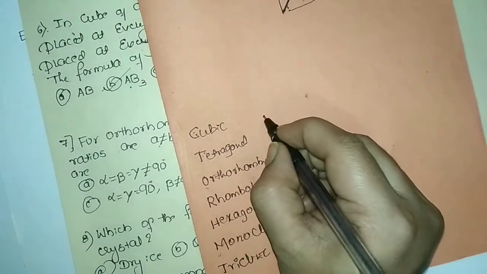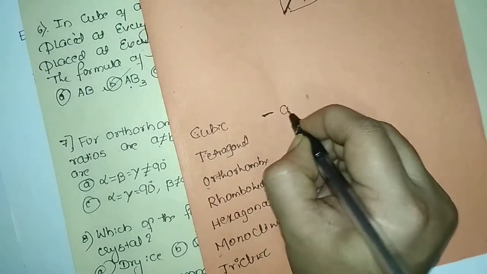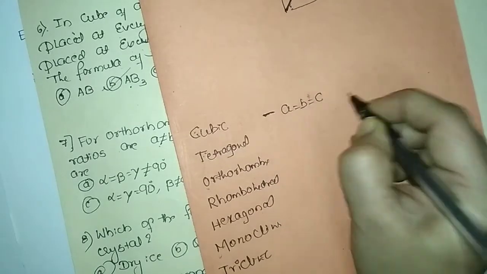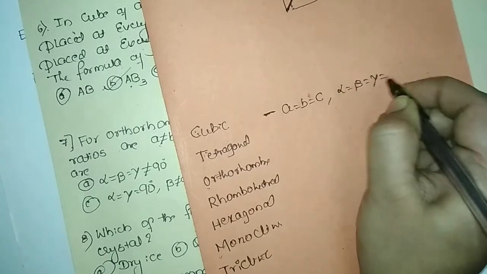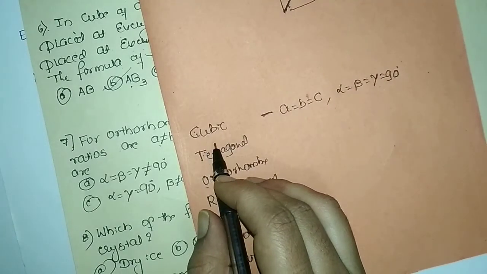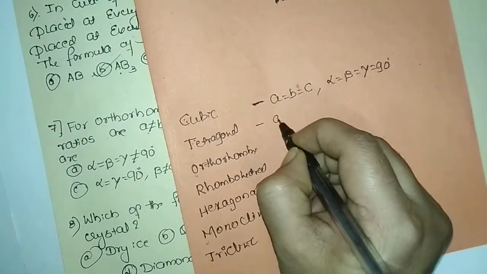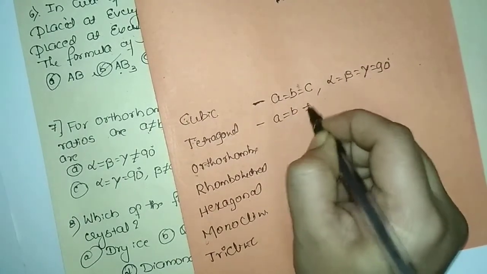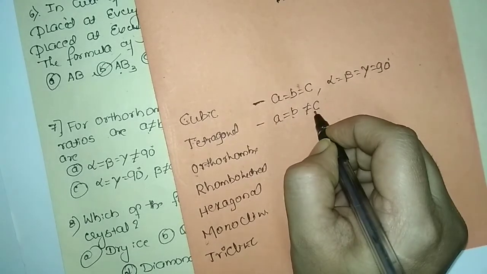Now the condition. Very simple, just concentrate. A equal to B equal to C, alpha equal to beta equal to gamma, that is 90 degrees. This is the condition for cubic, which we can remember very easily. Next, for tetragonal, A equal to B not equal to C. Two sides are equal where the third side is not equal.